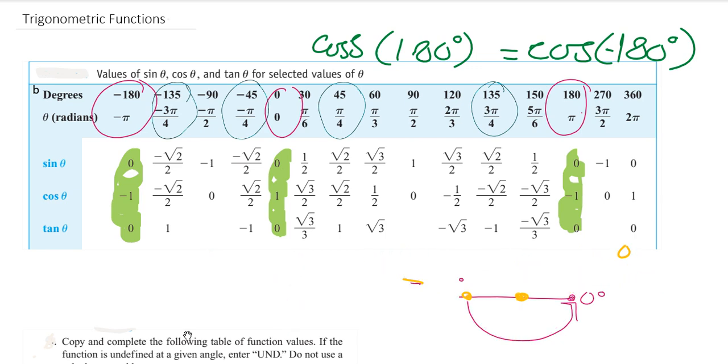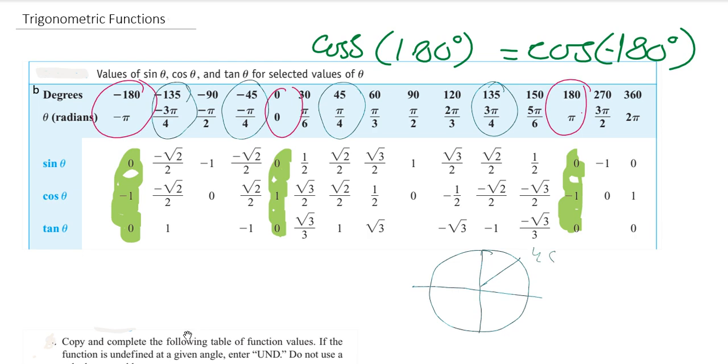And we know how can we relate it and how do we get the negative and positive signs? It all depends upon the quadrant. You know that here lies our positive 45 degrees, here lies our 135 degrees, and here lies our negative 45 degrees, and here lies our negative 135 degrees.